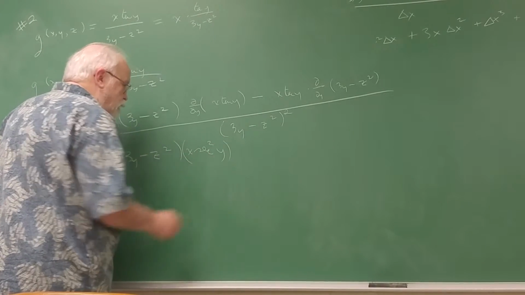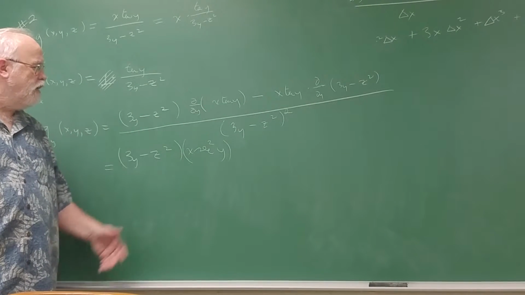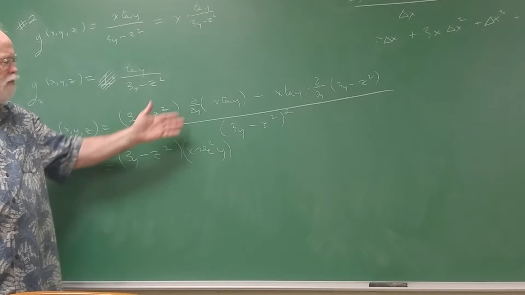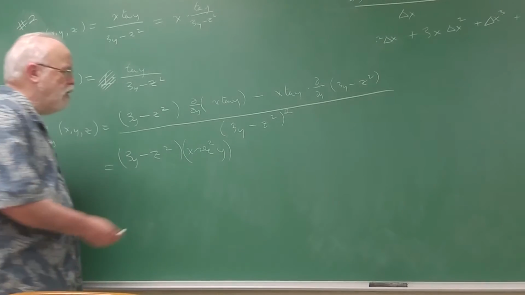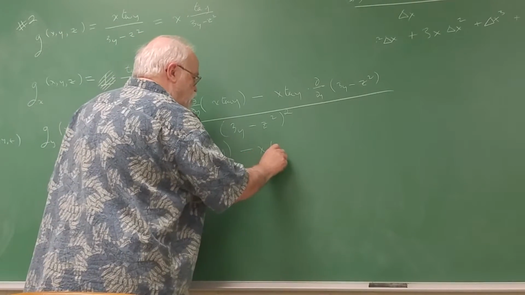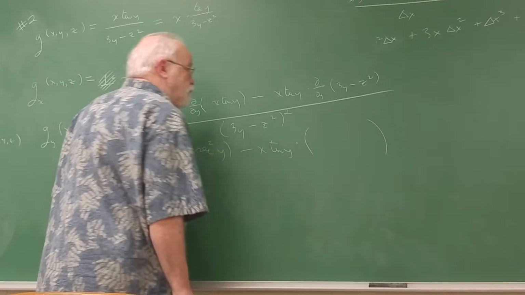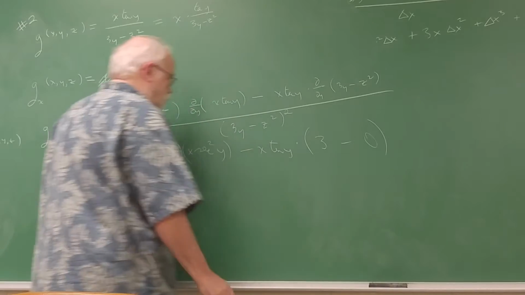Yes, okay. A lot of people, if they had 7 tangent y, they'd get 7 secant squared y, but somehow that x just shrivels up and dies. So make sure you got that in there. Minus x tangent y times what? Times 3. Times 0.